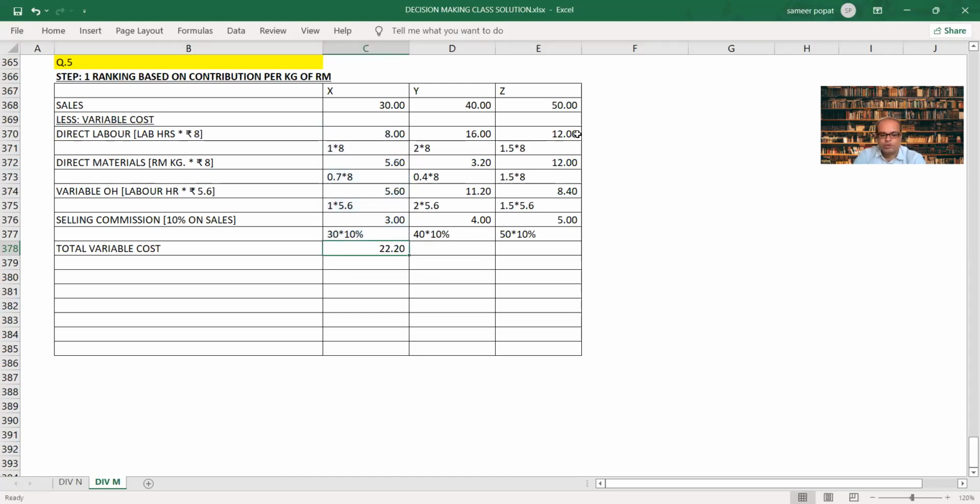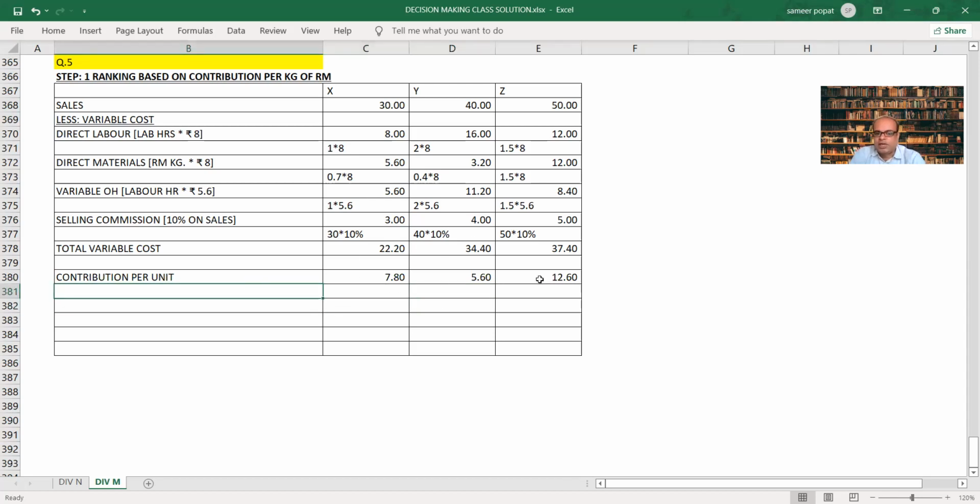So total is 22.2, 34.4 and 37.4. We'll get contribution per unit. Sales minus total variable cost will give us contribution per unit 7.8, 5.6 and 12.6.